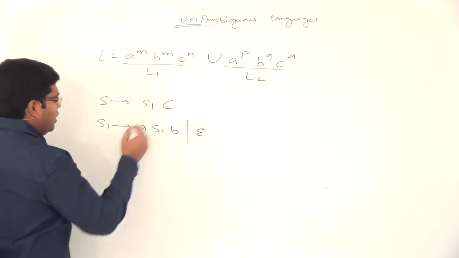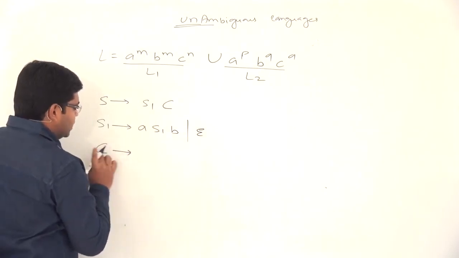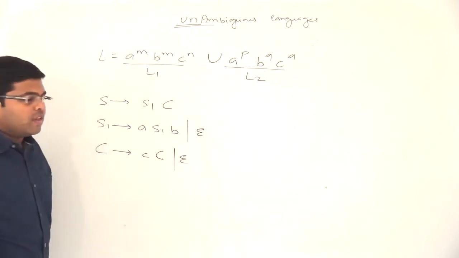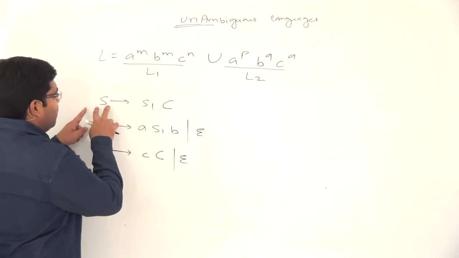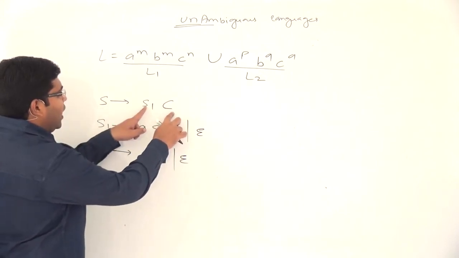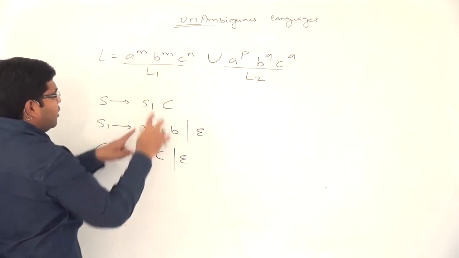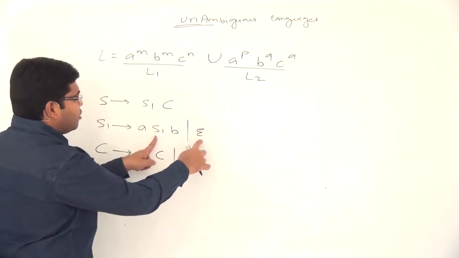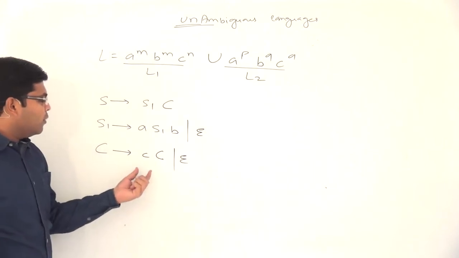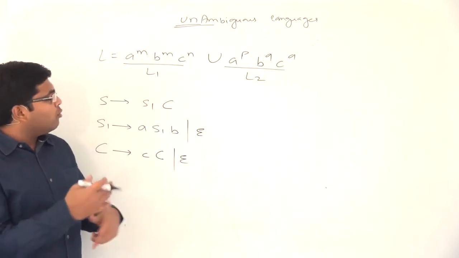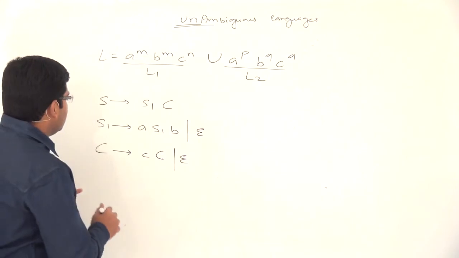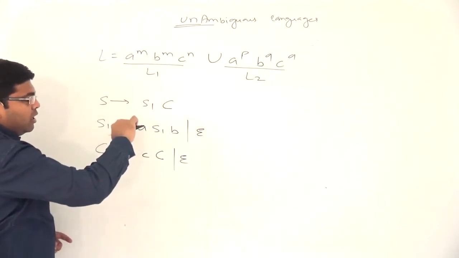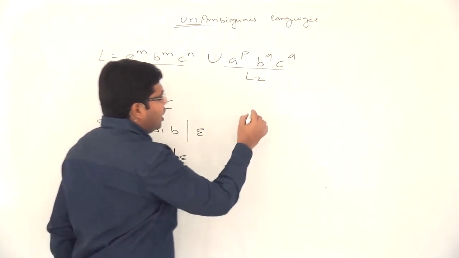And as far as C is concerned, C produces small c, capital C, or epsilon. So initially you will replace S with S1 C. Now S1 will generate an equal number of A's and B's because we are having A and B on both the sides, or you can terminate with the help of epsilon. And C will generate zero or more C's. Okay, so this is the grammar for L1.